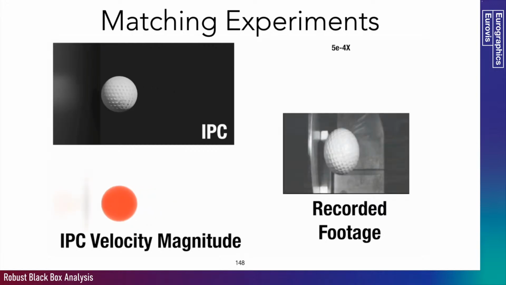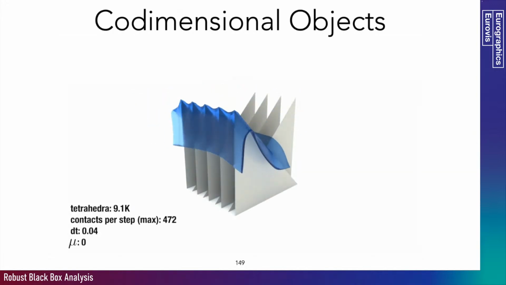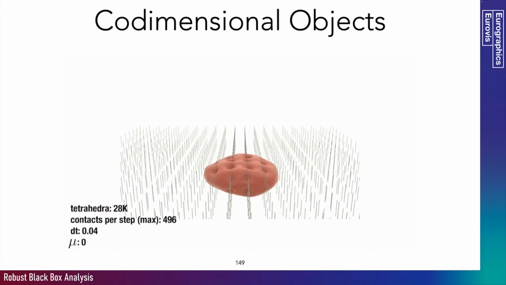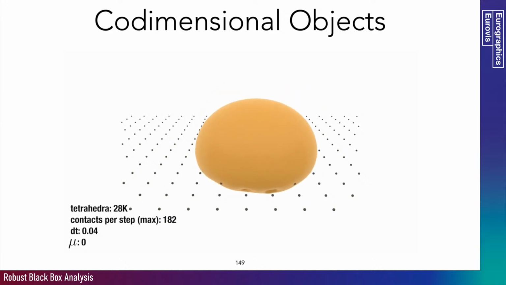One nice part about our reformulation of the problem is we can also handle codimensional objects. Codimensional objects are something where we can have something like 1D colliding with something 3D and so on. The only thing we need for our primitives is to be able to compute and evaluate the distances.